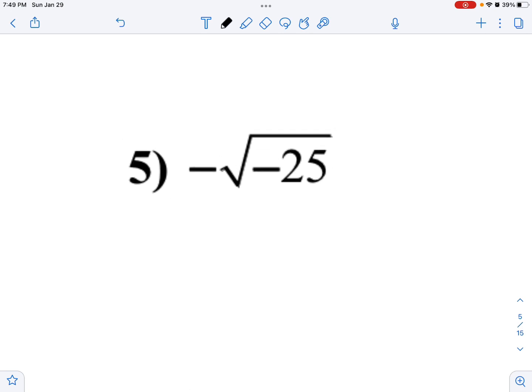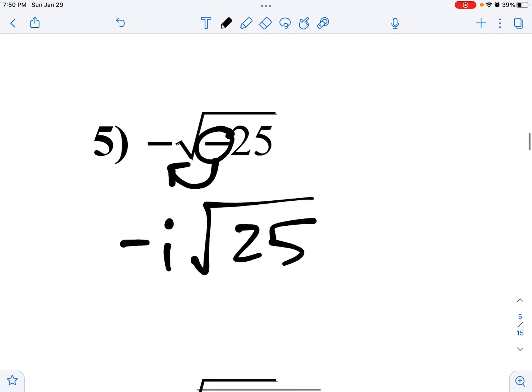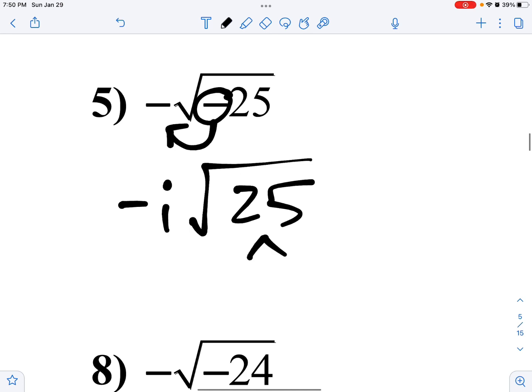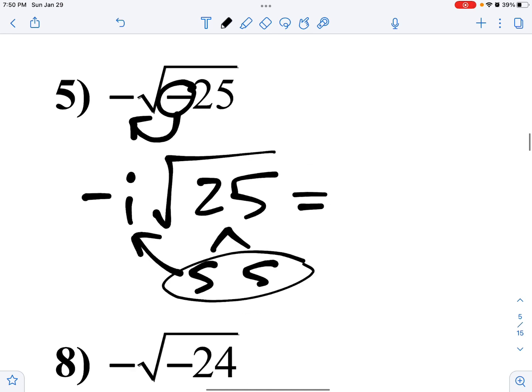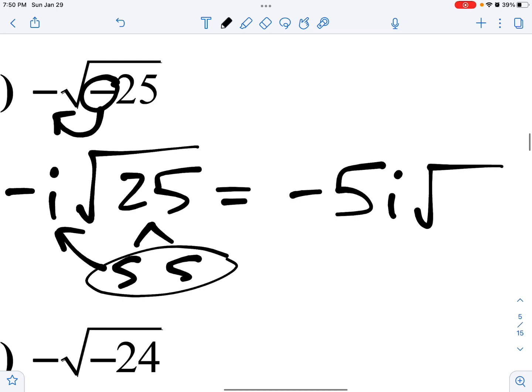Let's try this one. I'm going to bring this out as an i. So I have the negative sign that's already there. I have an i out there now, and I have root 25. You guys know what root 25 is. I saw a lot of mistakes on our last test over simplifying radicals. Root 25 is just 5, right? But a lot of us broke it down. It's 5 and 5, so this comes out, and we have the negative that's already there, the 5 that's out there, and the i that was already there, and there is no more square root, right?